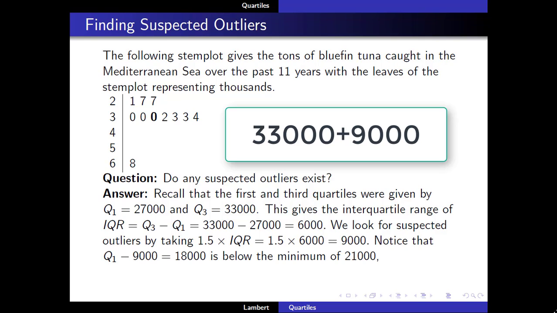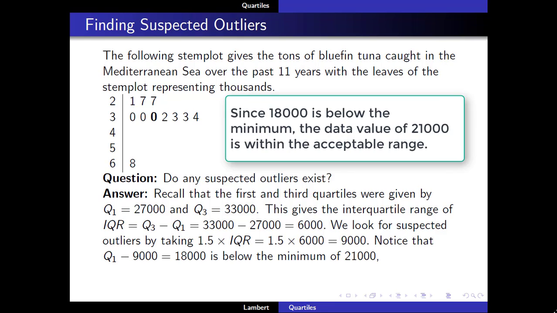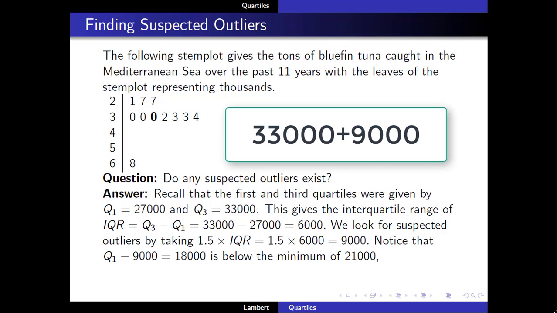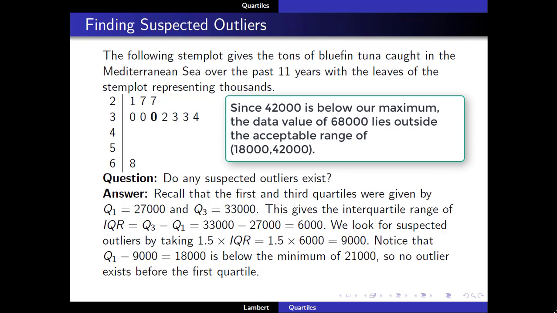Notice in this case, if we take our first quartile and subtract 9,000, we get 18,000. However, our minimum data value is 21,000, so we're good there. There's nothing that goes before 18,000, so there are no suspected outliers on the low end. However, on the high end, if we take our 33,000 and add 9,000, we stop at 42,000.